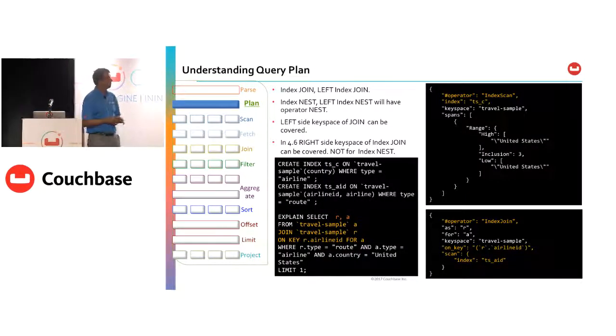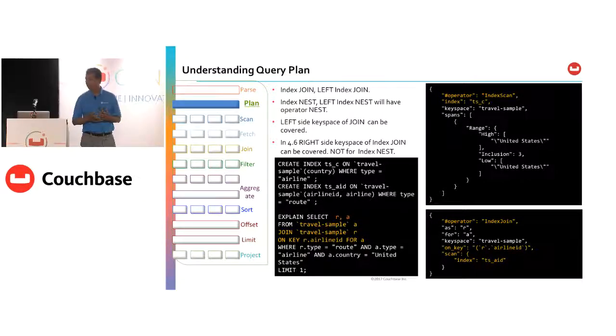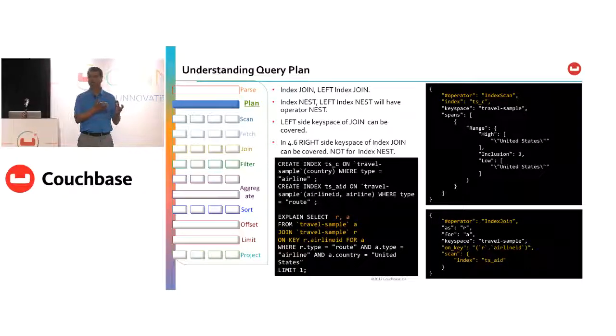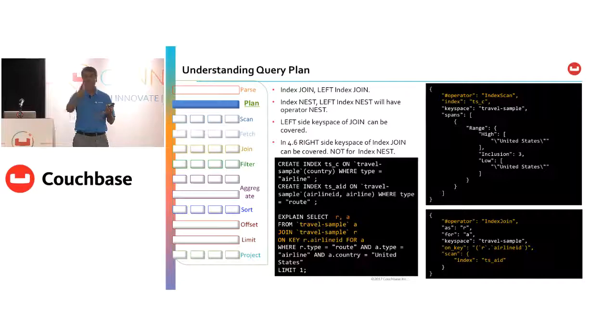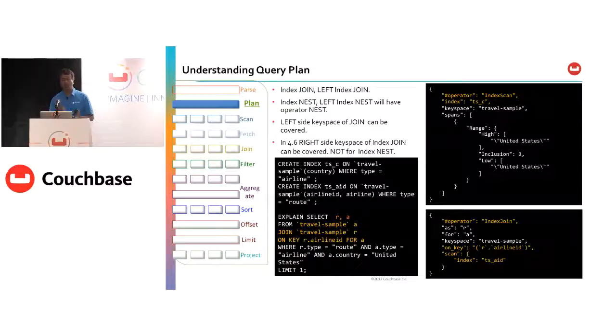What this plan says is covering index in 4.5. We could do the full covering index only when you had either a full complete scan of a single key space, or an inner join, or a left outer join.